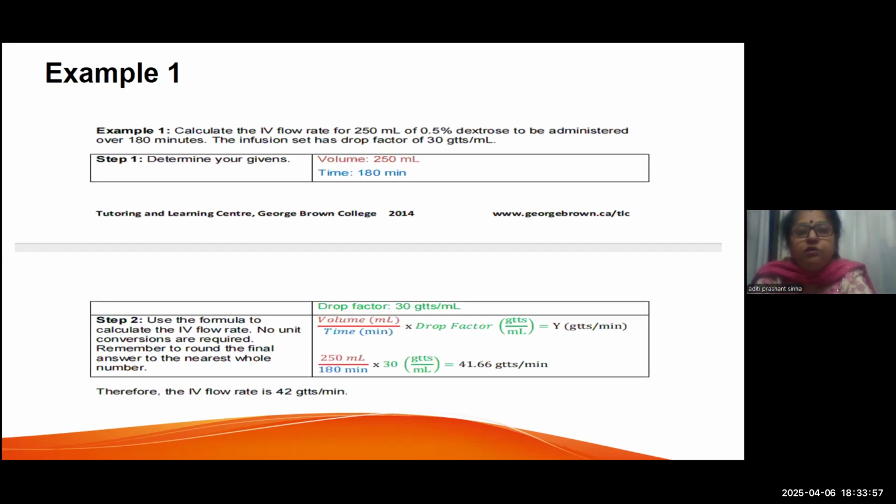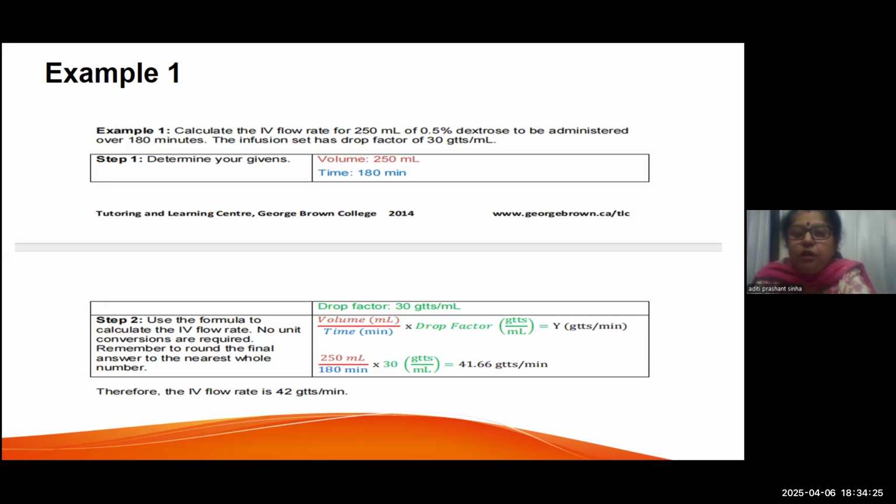So here you determine your givens: the volume to be administered is 250 ml and the time is 180 minutes. Your drop factor is 30 drops per ml. So you have to use the formula to calculate the IV flow rate. No unit conversions are required. Everything is available in ml. And remember to round the final answer to the nearest whole number.